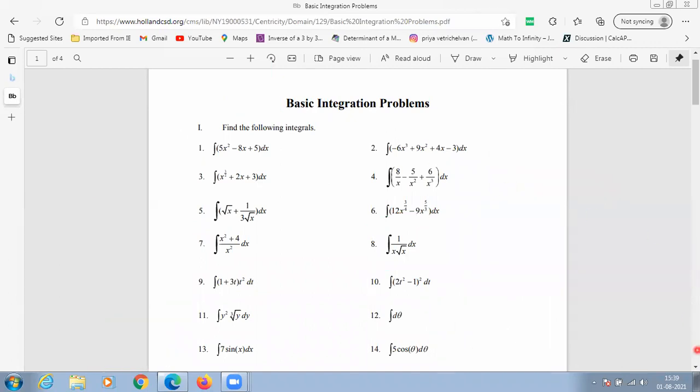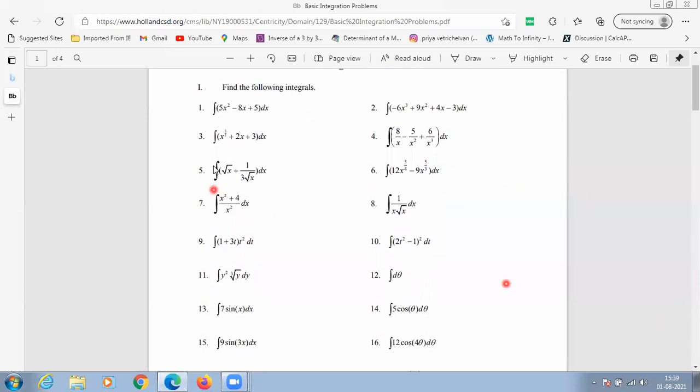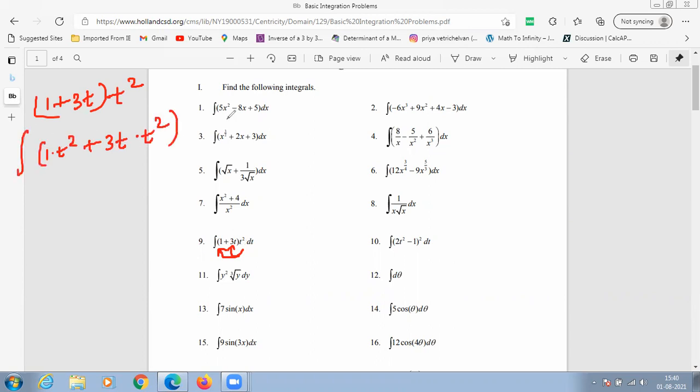The next question is in terms of t. Interesting. So it's integral of 1 plus 3t into t square dt. Here you do have a bracket. So according to the BODMAS strategy, you have to simplify this and then proceed, right? This t square is common for 1 and 3t. So let me write 1 plus 3t times t square as 1 into t square plus 3t into t square, right?